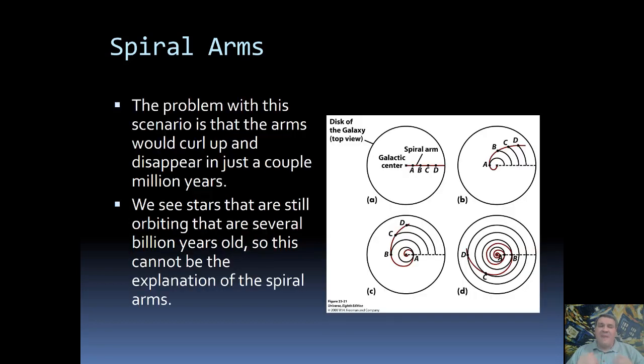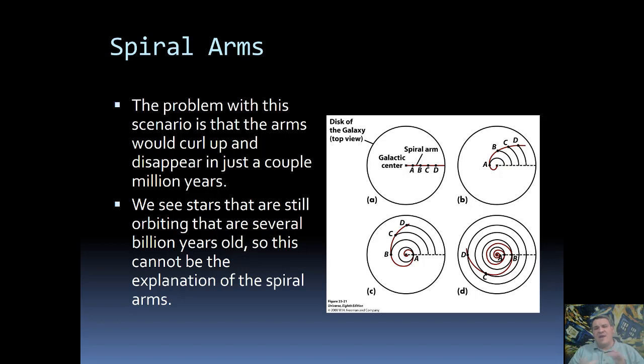As we started to do the math on this, though, we realized that this couldn't be the case. If the spiral arm is held together by gravity, then everything in the spiral arm would have to move together. And as it moved together, it would naturally pull into the center of the galaxy. Think about a bunch of string just on the floor. If you grab the center of the string and you start twisting, after just a couple of twists, all of that stuff gets pulled and bunched up into a knot at the center.